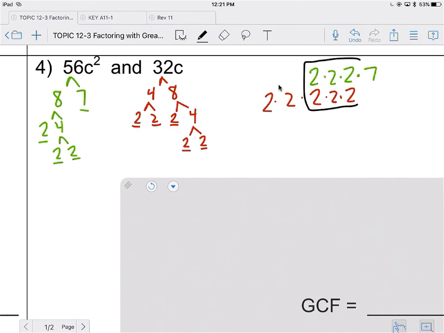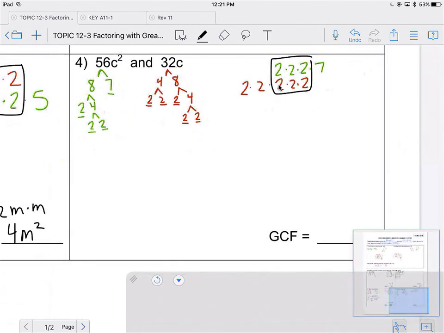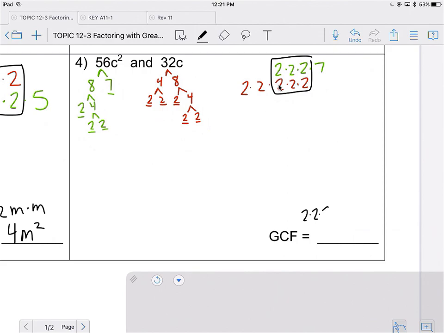So 2 times 2 times 2 is what they have in common, which is an 8. Looking at my letters, I have a c squared, so that's c times c. And I have a regular c, which is just c. So they share a c. So their greatest common factor would be 8c.